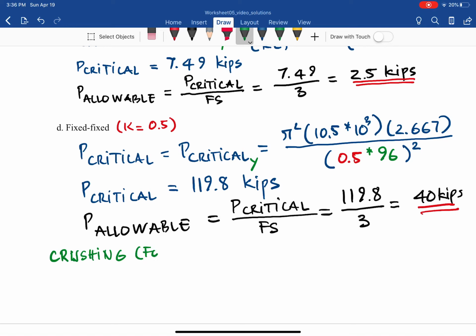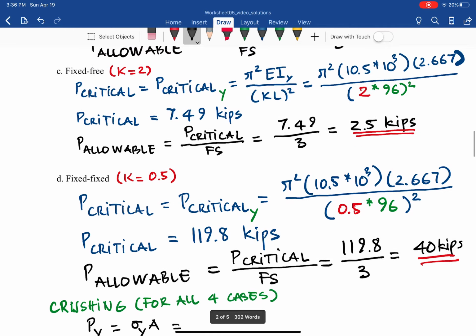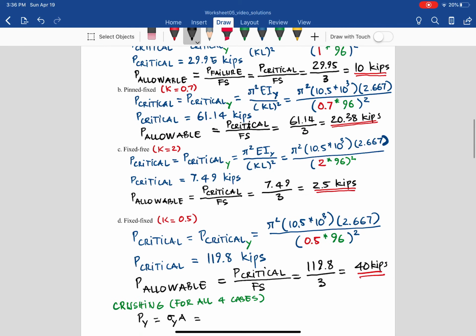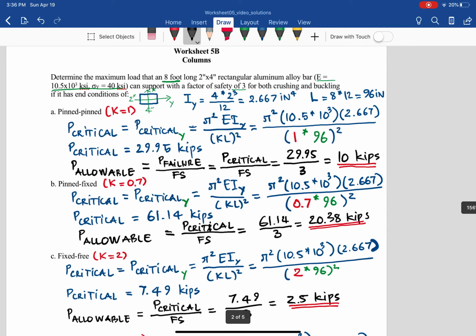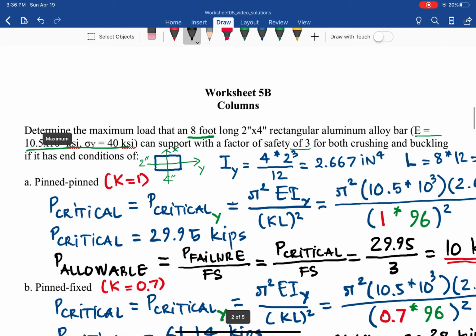And here for all four cases, for all end conditions, we have P failure due to yield equal to sigma yield times A. So that is the failure mode due to crushing, because normal stress equals P over A. This one they give us for the aluminum, sigma yield stress equal to 40 ksi.